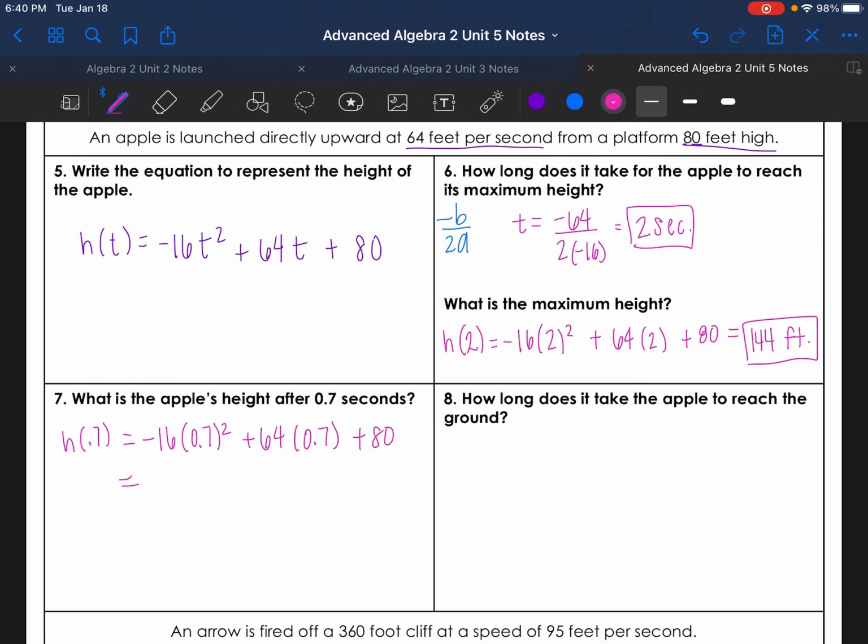Remember, you could type it out like I have it written, or you could use the store button. I prefer using the store button. I think it's faster. So when we type that in, you should get 116.96 feet.